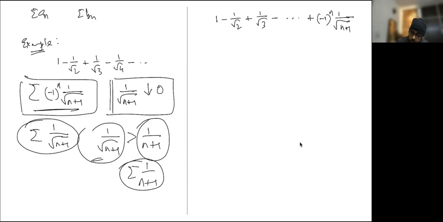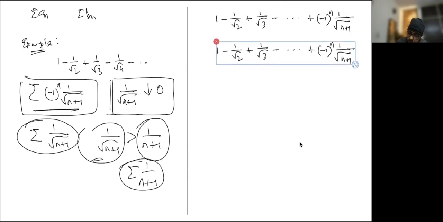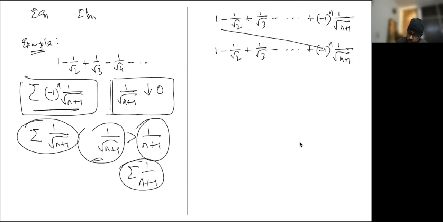And here you will have the same thing again. So the product, these two will get paired, this and the previous one, and so on.